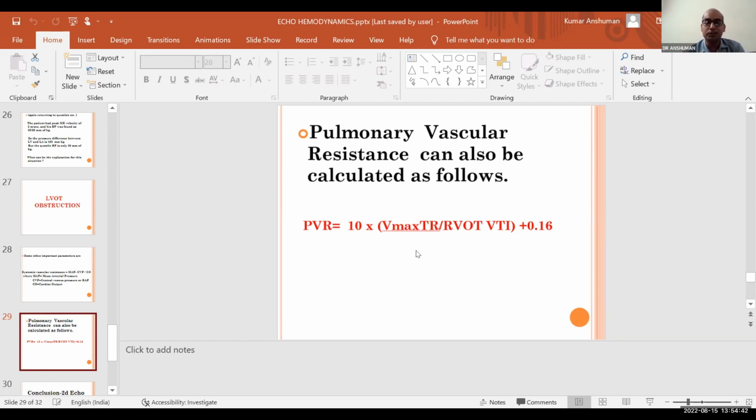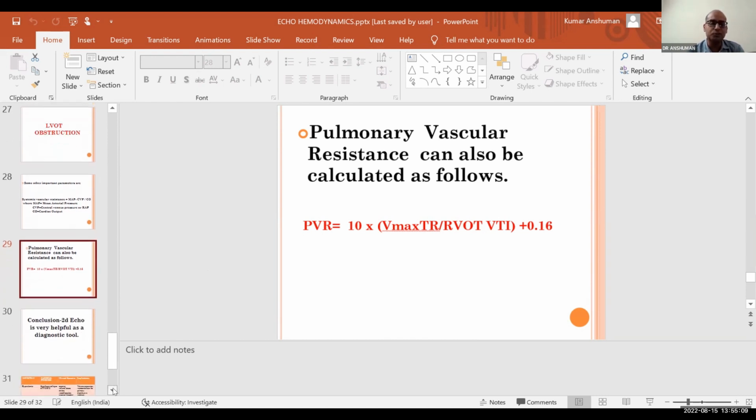They ask the echo people whether we should go or not. So you should have an answer, and to get an answer you just apply this equation. You calculate PVR. If it is very high, you say that pulmonary vascular resistance is very high, the surgery is not indicated or not advisable from the echo side, and the rest is clinically decided.